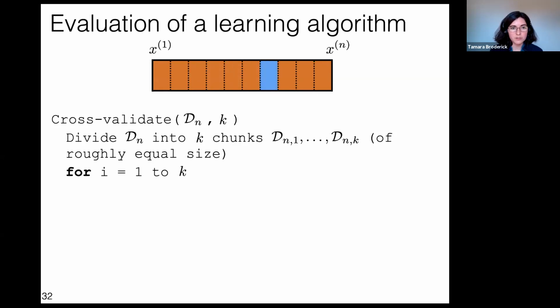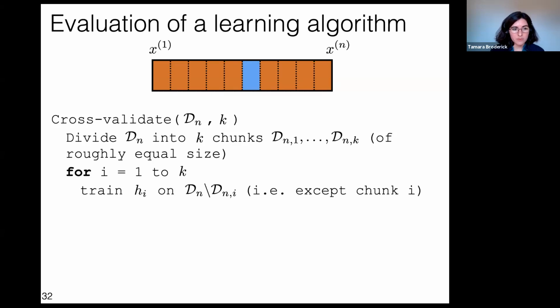And we're going to do a for loop over all of these different chunks. Let's take one from the middle. Let's say this is i, the i that we're on right now. What we're going to do is take our learning algorithm. Remember, our learning algorithm takes in a training data set and outputs a classifier.